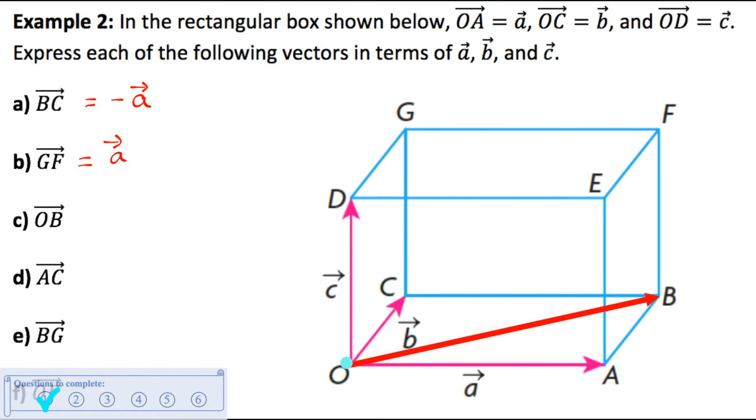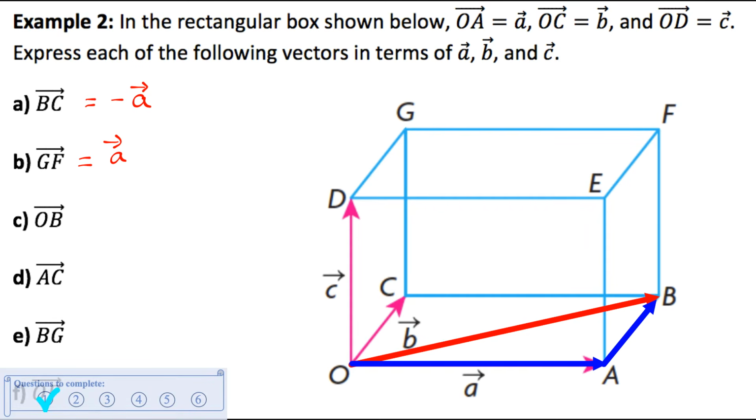And there's a couple ways we could do that. I could start at O and go over here to A, and then once I'm there, go from A to B. Notice the resultant of those two motions, going from O to A and then A to B, has taken me from O to B. Therefore, the sum of those two blue vectors is equal to vector OB.